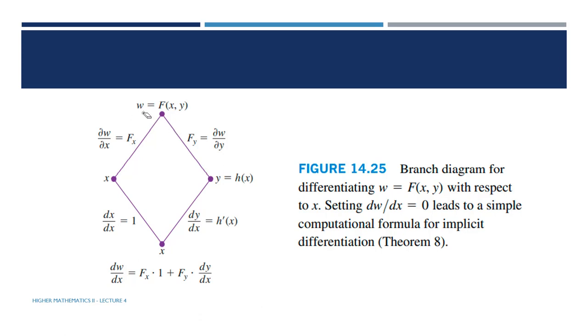We have w equals f of x, y, and dw/dx is the partial derivative of f with respect to x times dx/dx, which gives us 1, plus the partial derivative of f with respect to y times the derivative of y with respect to x, which gives us h prime of x. So the formula will be in this form: dw/dx equals f prime x times 1 plus f prime y times dy/dx.